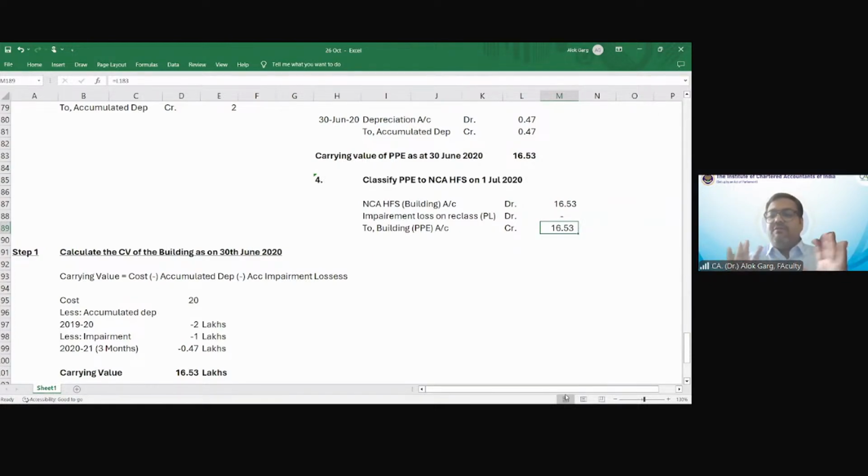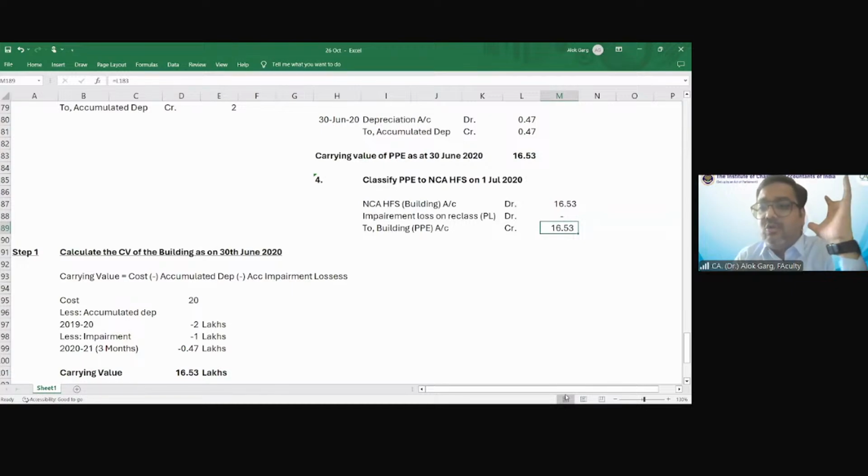The cost model, revaluation model concept is not there in Ind AS 105. Ind AS 105 simply says that you need to measure a disposal group held for sale or a non-current asset held for sale at lower of carrying value on the date of reclassification as per the respective standard and fair value less cost to sell, whichever is lower.